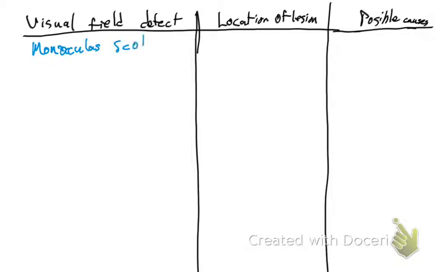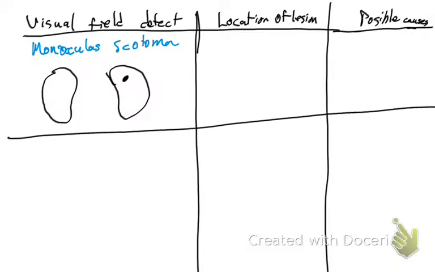How does monocular scotoma present? Let's assume that this is one eye, this is the other eye. So monocular scotoma is something like this. And now, what is the location of the lesion?